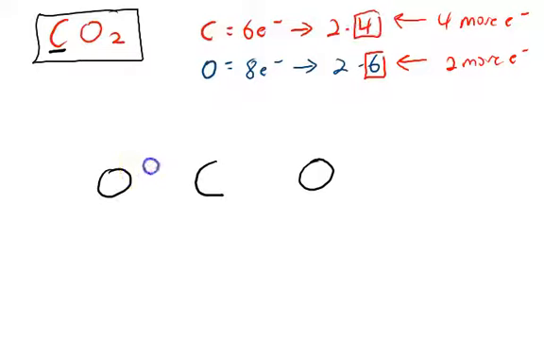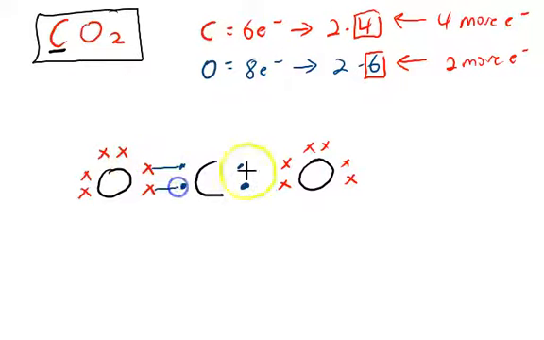I'm using X to represent the electrons for oxygen, and blue for carbon. They share all 4 electrons, and here they have a bond.